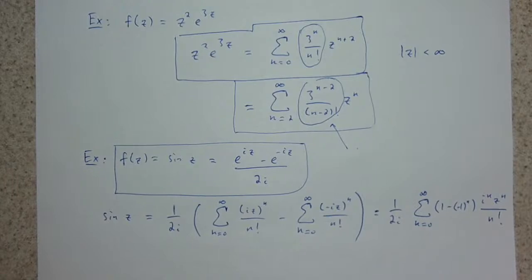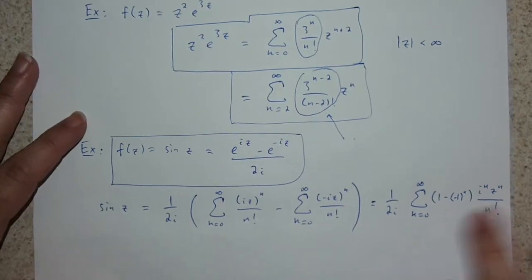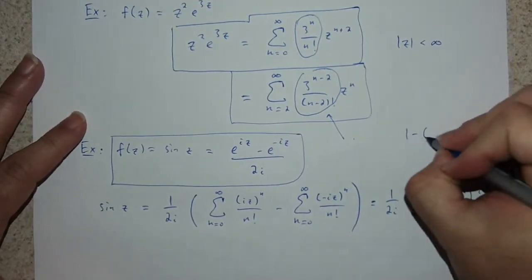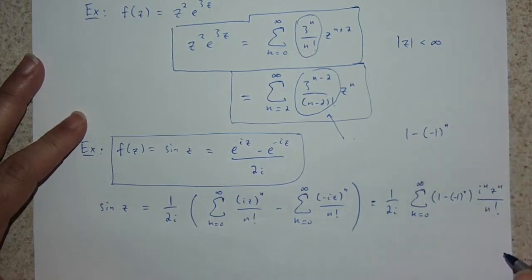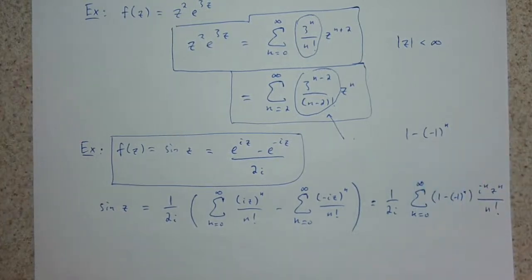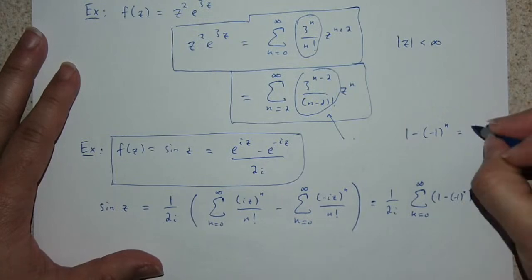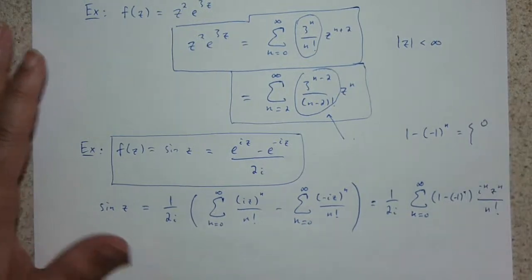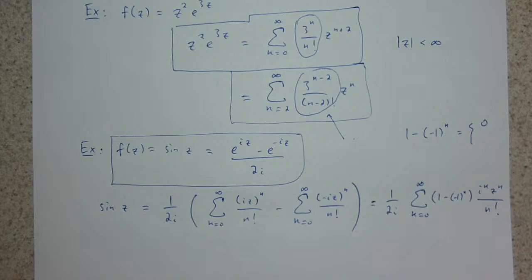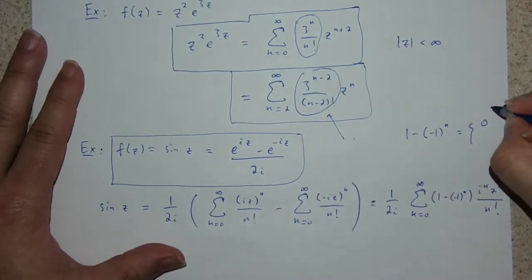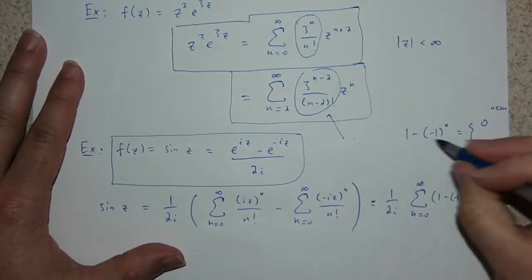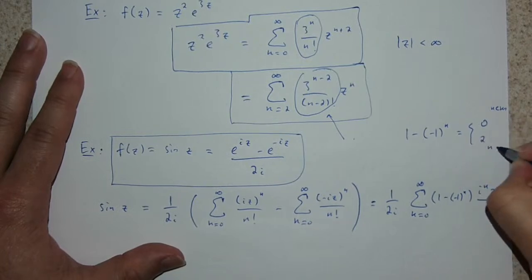Okay. All right. Now, let's see here. What is 1 minus minus 1 to the n? There's two options here. So this is either equal to 0. When is it equal to 0? So it's equal to 0 if n is even. And it's equal to 2 if n is odd.